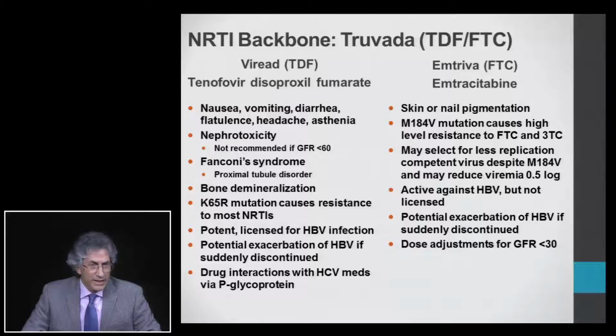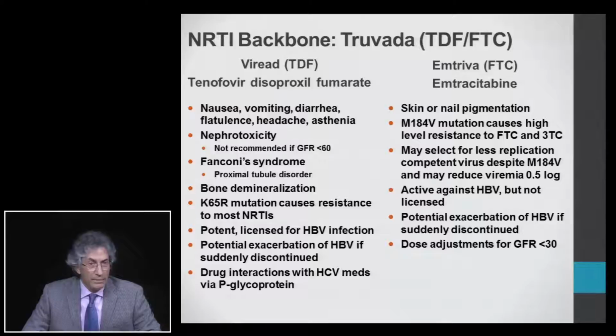One mutation, K65R, causes resistance to tenofovir and to most NRTIs. This drug happens to be also very potent and licensed for hepatitis B. It's probably the best currently licensed hepatitis B drug and is concurrently used for HIV. So it's very convenient to use this when treating someone who has HIV and hepatitis B at the same time.